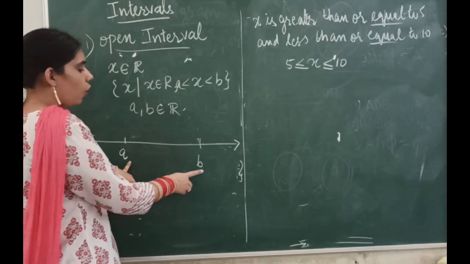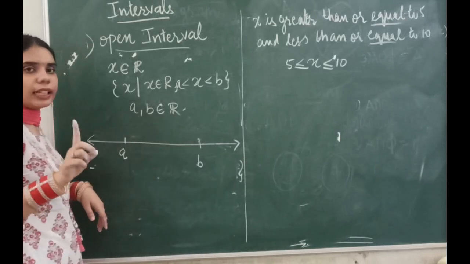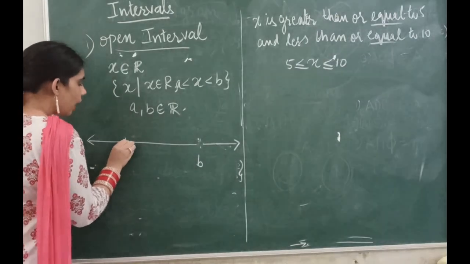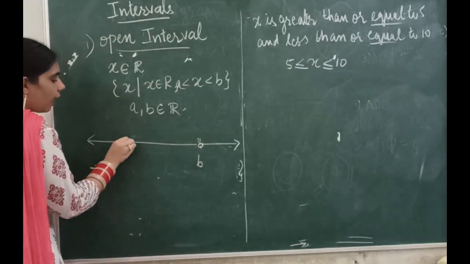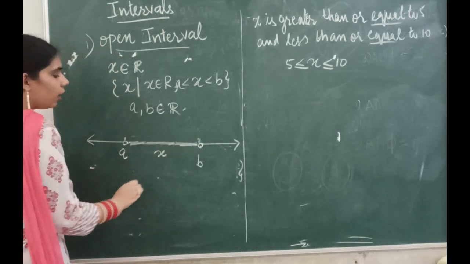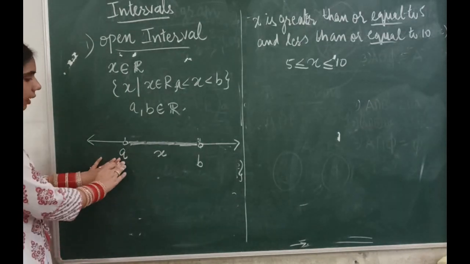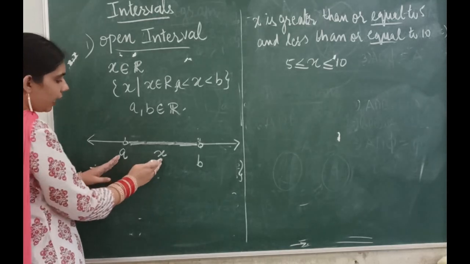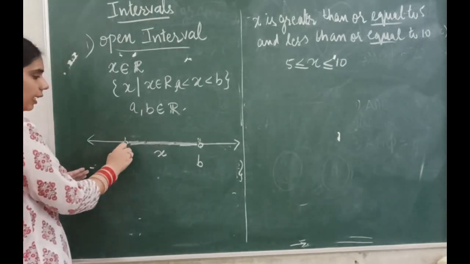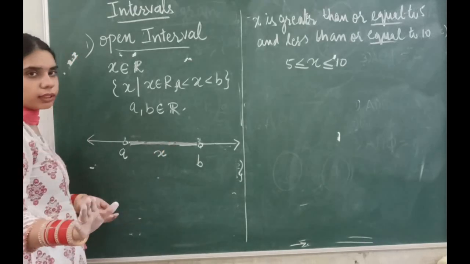That means it lies between a and b, but here I have not put the equal sign. So here I will simply put open holes and bold this line and write x underneath it. It will represent that x varies from a to b, but the value of x is not a and cannot be b. It can be anything between a and b.